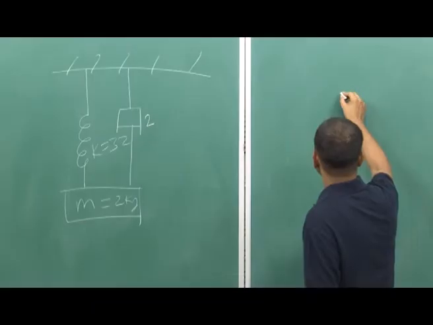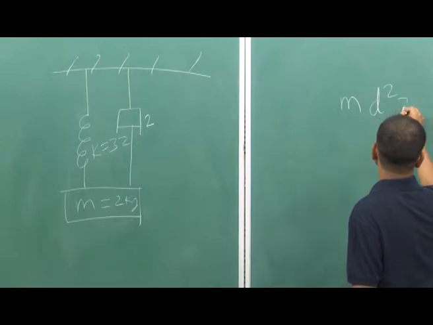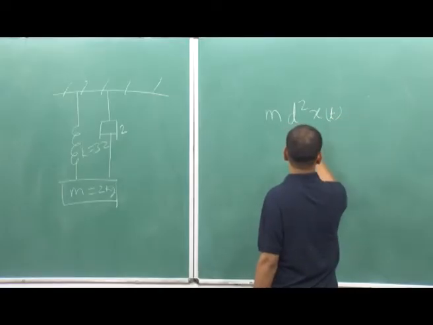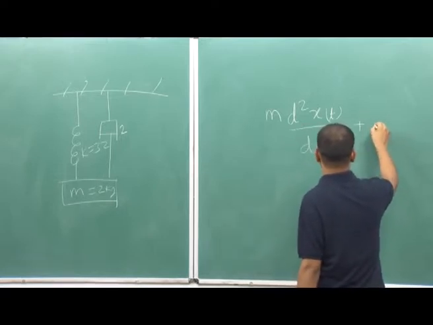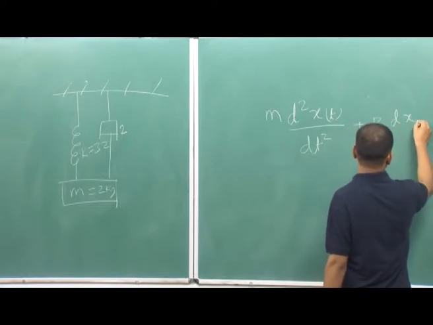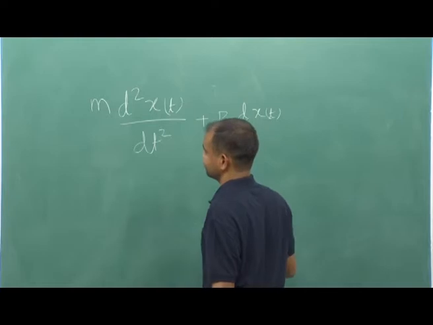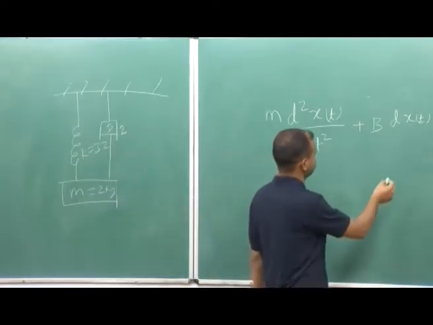Now, I can write its equation of motion. This is b. You can write c also, both are the same.